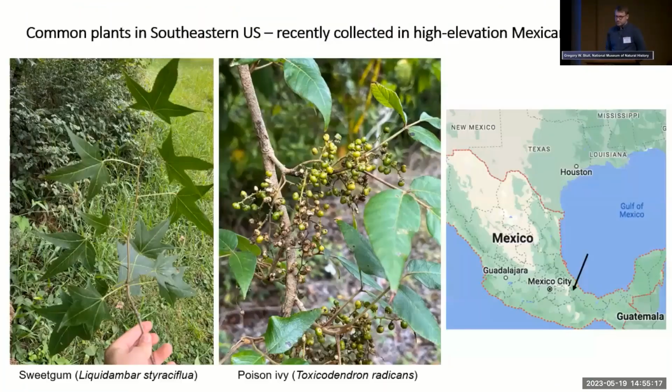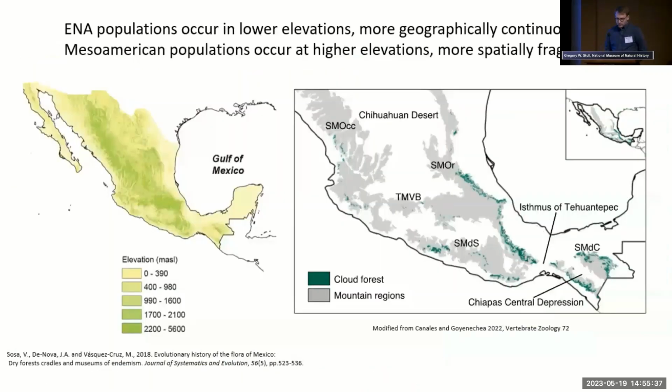And it's very disorienting to go to these cloud forests in Mexico and see these species cavorting with all these neotropical plants. These are photos of sweet gum and poison ivy that I collected with June Wen recently in Mexico.